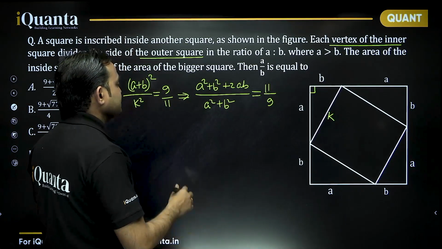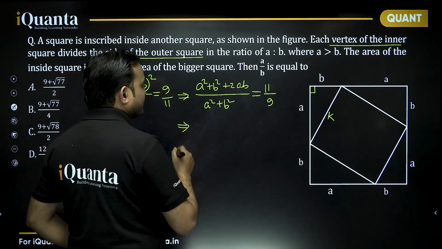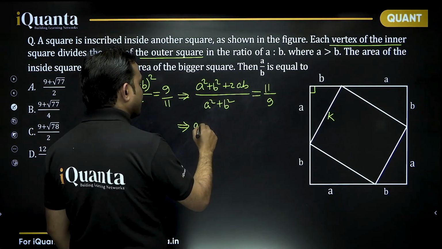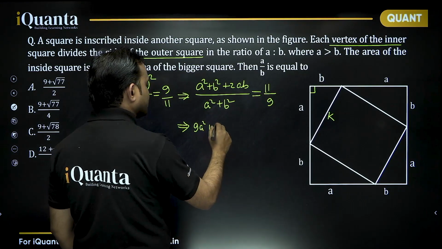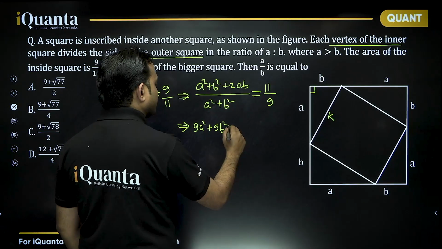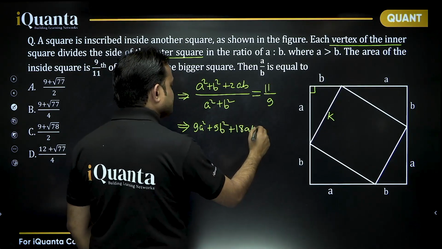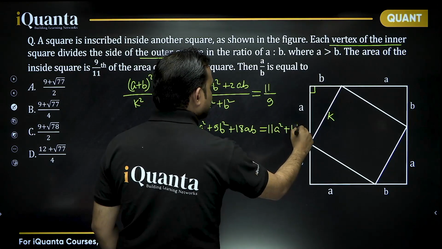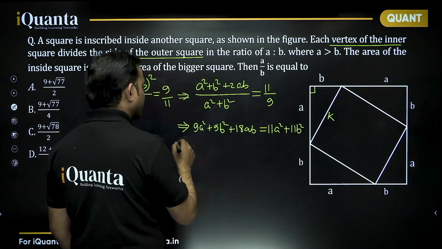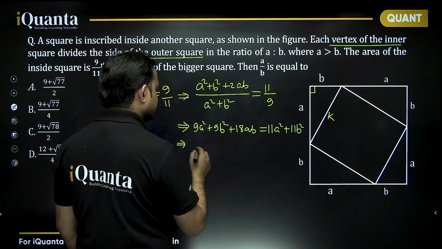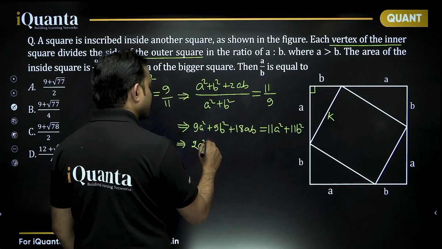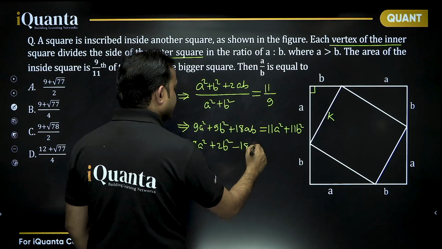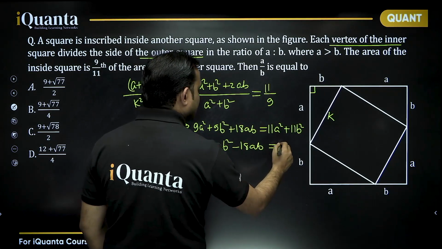Now if I cross multiply this, what do we get? We get 9a square plus 9b square plus 18ab is equal to 11a square plus 11b square. From there, if I take this to the right side, we get 2a square plus 2b square minus 18ab is equal to 0.